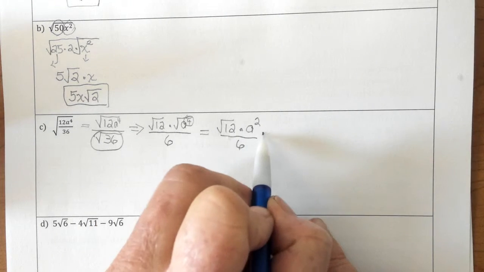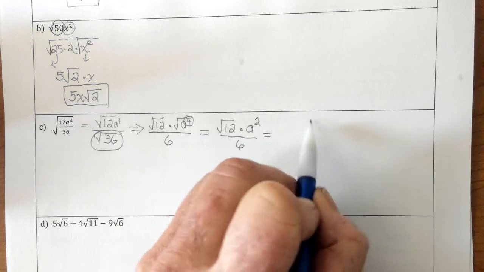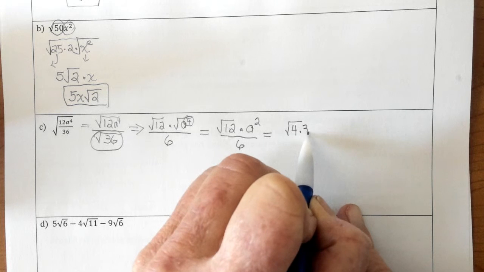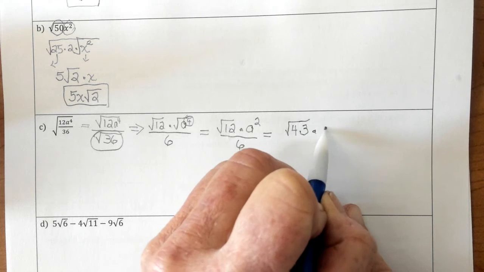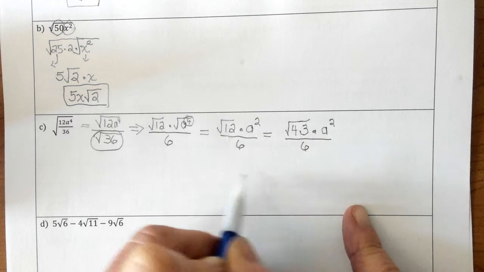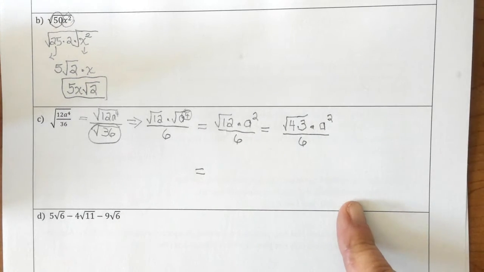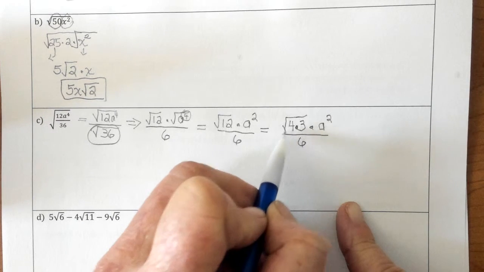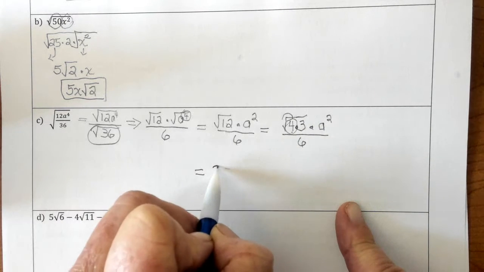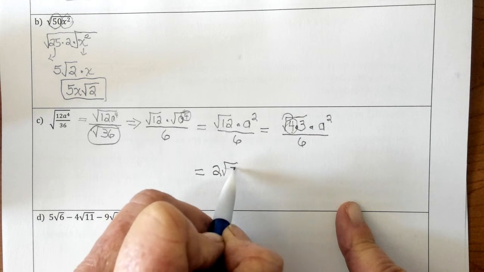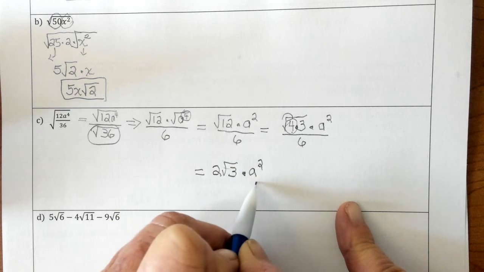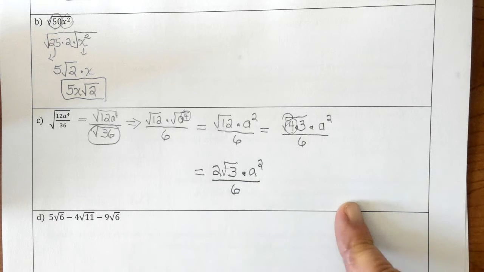So now I know that I could rewrite 12 into 4 times 3. And I've got a to the power of 2 all over 6, which means I'm going to continue to simplify. And I know right here that square root of 4 is 2, so I'm going to pull that out. So I'm going to say 2 square roots of 3 times a squared, and that's all sitting all over 6.